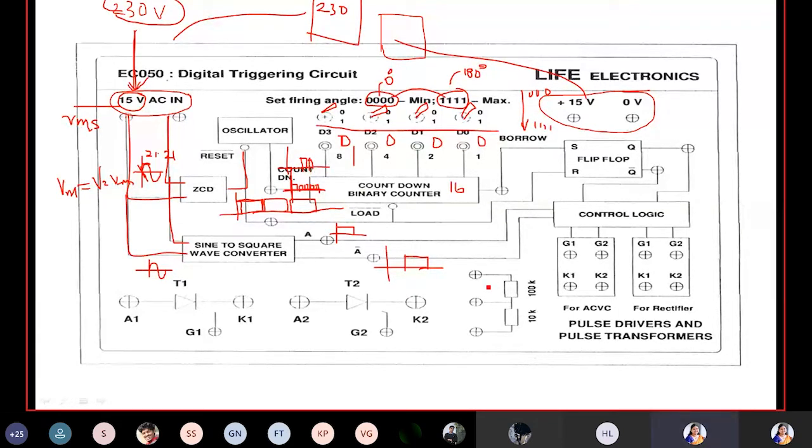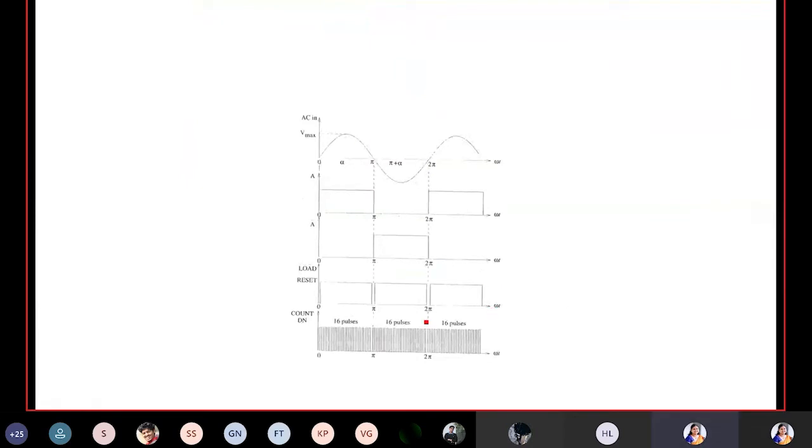Okay, I can show the waveforms here. This is the sinusoidal signal we are giving at the input of the ZCD, and this is the output of the sine to square wave converter, at A and A bar.